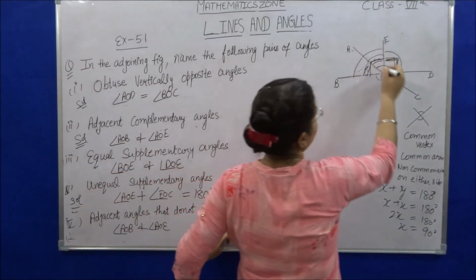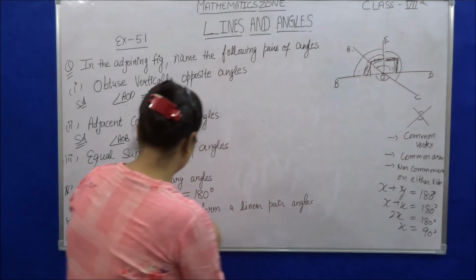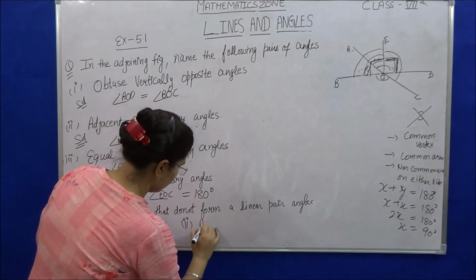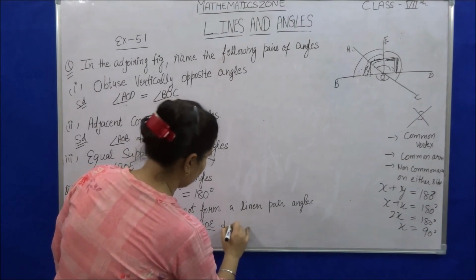Now again angle AOE and DOE. So the second pair will be AOE and EOD.